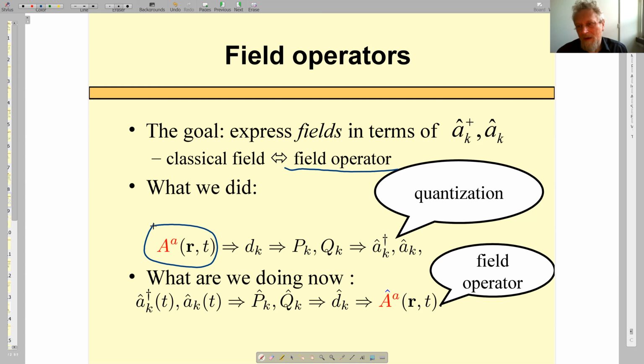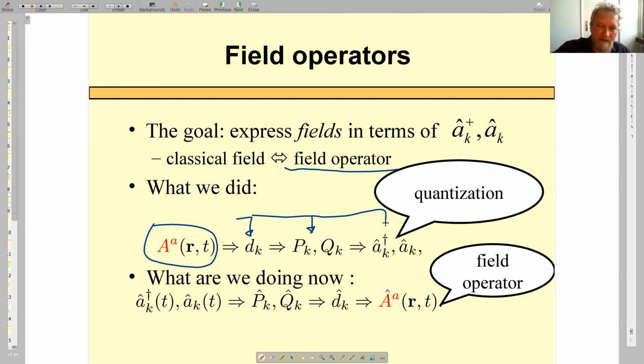Starting from an arbitrary field, we go to oscillators. We introduce what are called normal coordinates, complex coordinates. The real and imaginary parts of these normal coordinates are mutually conjugated generalized coordinate and momentum, and that we can quantize.